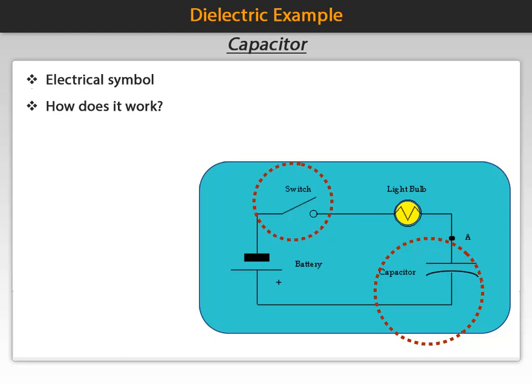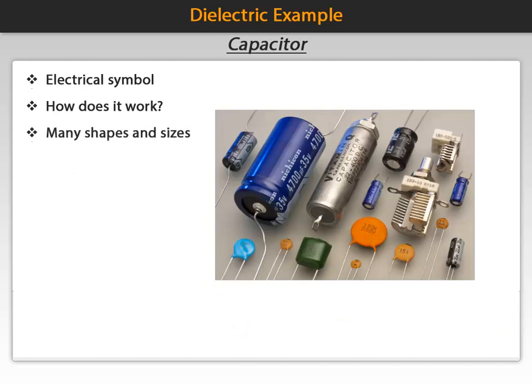If we switch the simple circuit on and off very fast without a capacitor, then the light would flash. If we connect a capacitor into the circuit, then the light will remain on during the interruptions, at least for a short duration, because the capacitor is now discharging and powering the circuit. Capacitors come in many shapes and sizes and are used in a variety of circuits: power, control, and electronic.